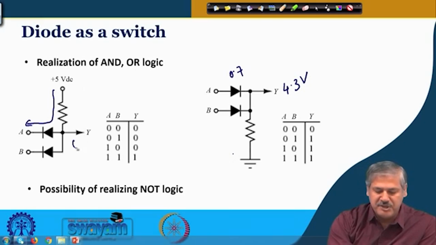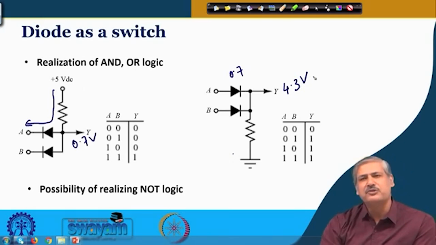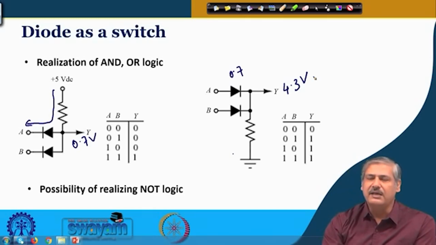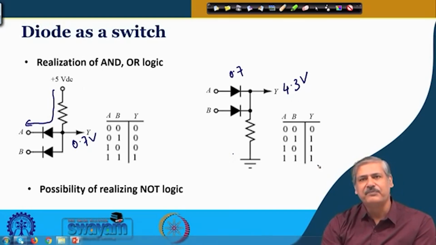Earlier this was 0.7 volt, which is close to 0, and now 4.3 volt is close to 5 volt, which we can treat as high. So, with any one of them or both of them at 5 volt, the output is at 4.3 volt or close to that, depending on the diode drop, which is in the range of 0.7 volt. Any of them high, output is high.